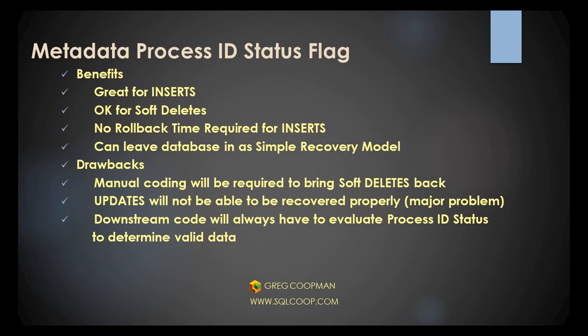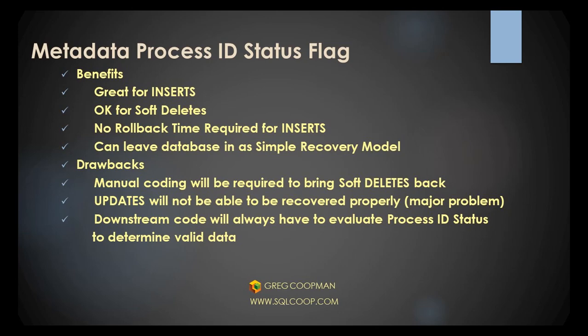Downstream code will always have to evaluate the process ID status. So let's say you have reports that are querying the sales transaction table. There's a chunk of rows in there where the status never was set to true. So in the code that you write for your reports, you have to say in your where clause, only take the records where status equals true for the process table.